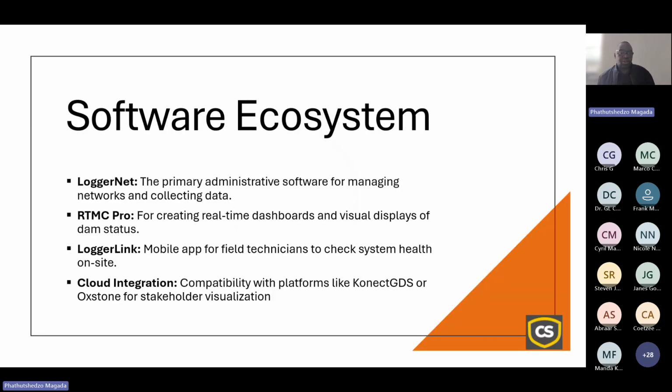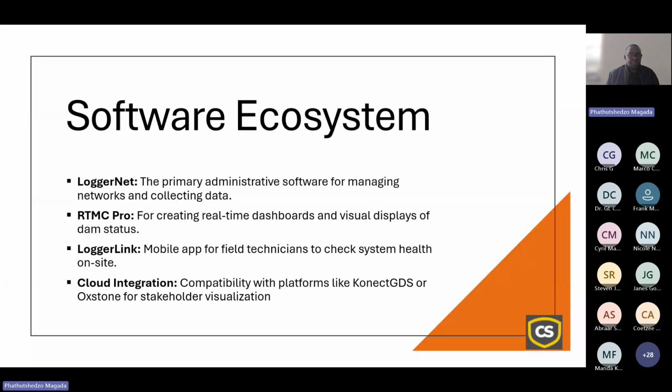So at Campbell Scientific, we have a software ecosystem. We have LoggerNet. This is the primary administrative software for managing networks and collecting data. We have RTMC Pro. This is mainly for creating real-time dashboards and visualization of dam status.